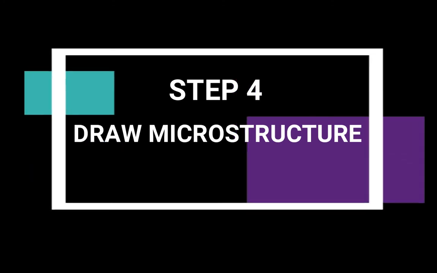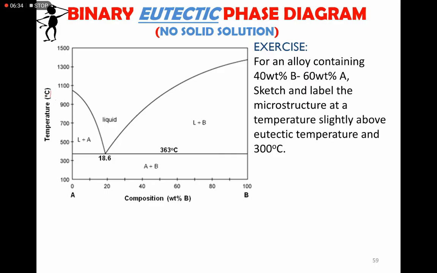Exercise 3. For an alloy containing 40% B, 60% A, sketch and label the microstructure at a temperature slightly above the eutectic temperature and at 300 degrees Celsius. So for this question, you are asked to find the slightly above temperature and also 300 degrees Celsius.